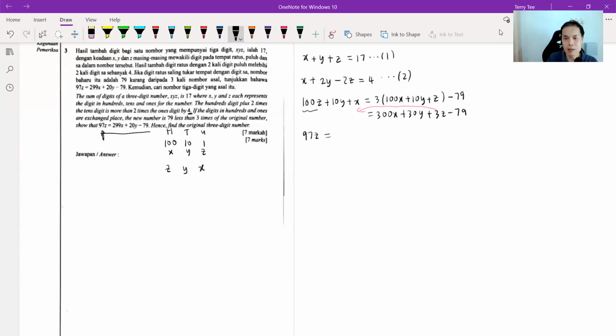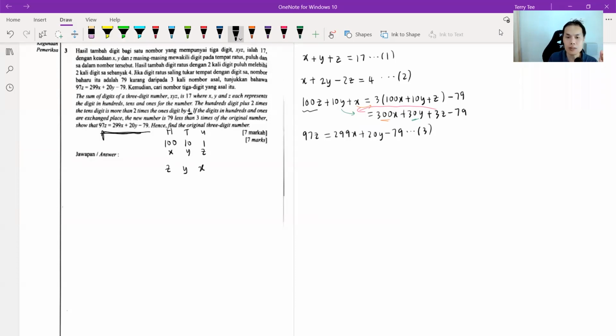The rest I keep to the right. Now this x I bring to the right. Maybe I should write one more line. 300 minus 1, you get 299x. I bring this to the right. You have 30 minus 10, you get 20y. And then I still have another 79. So that is my equation number 3.